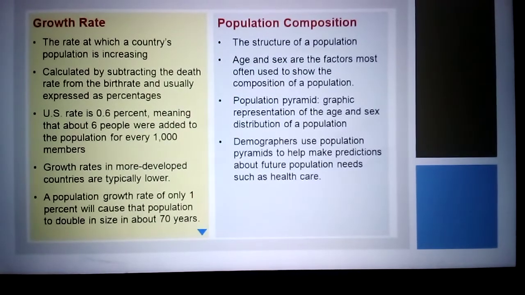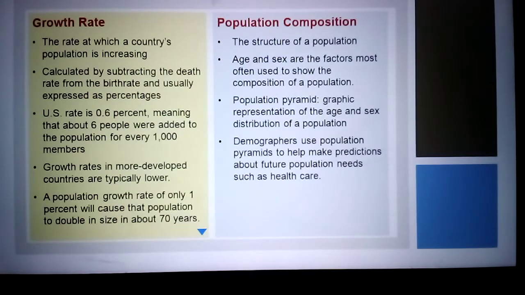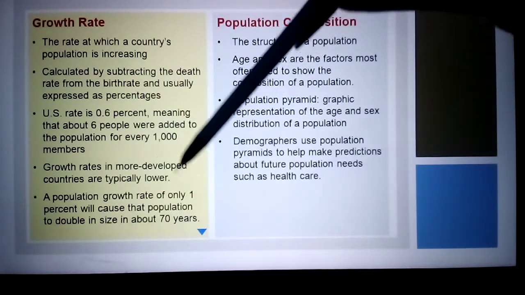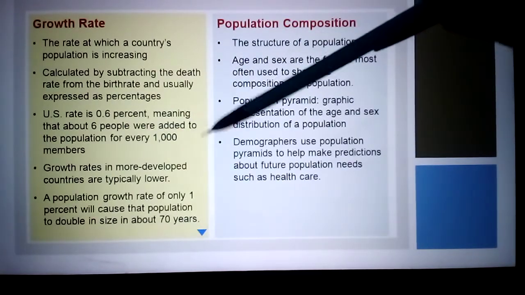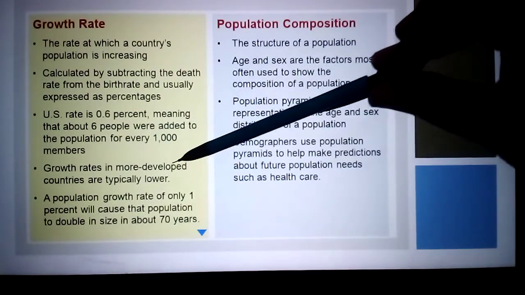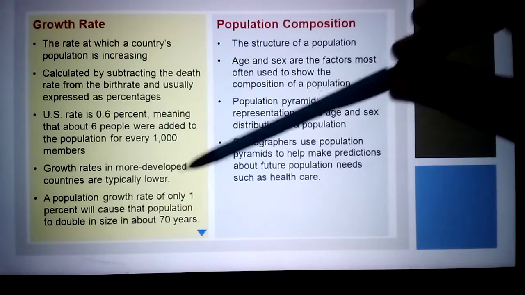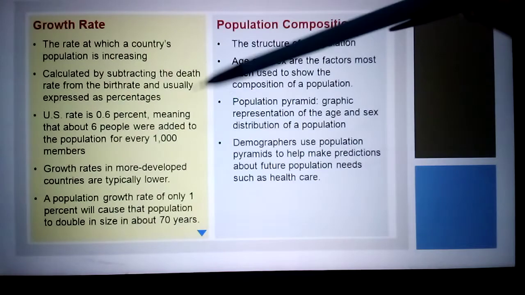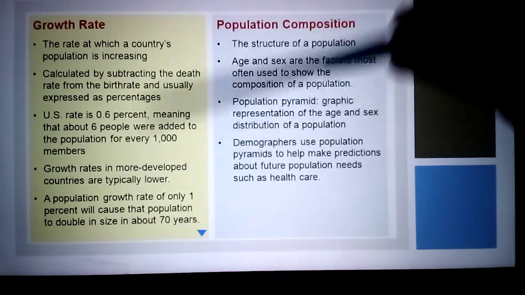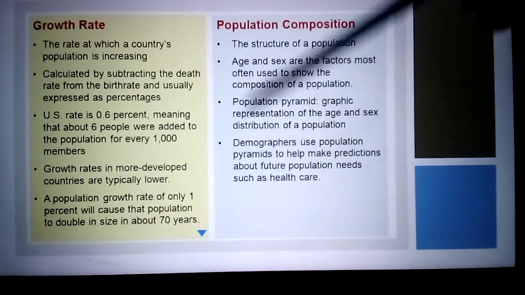Emigration means when a person goes out of the country. Mostly developed countries receive immigration, meaning people from developing countries go to the developed countries. So in the previous module we already discussed this in detail.